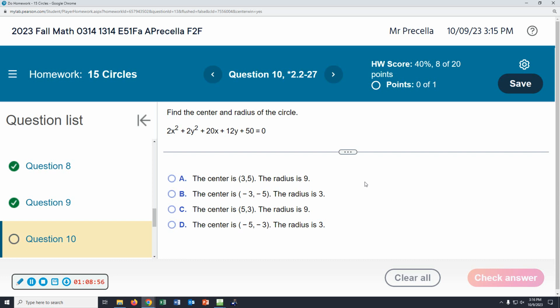We're going to have to write this equation in center radius form. Let me make sure I have this problem written down correctly.